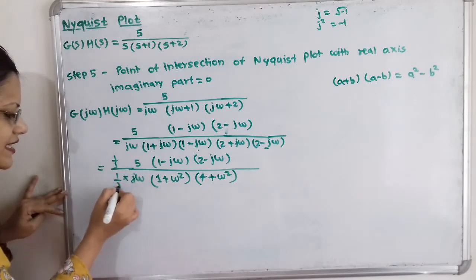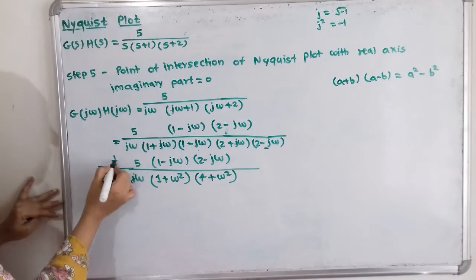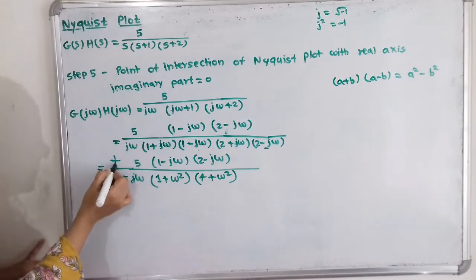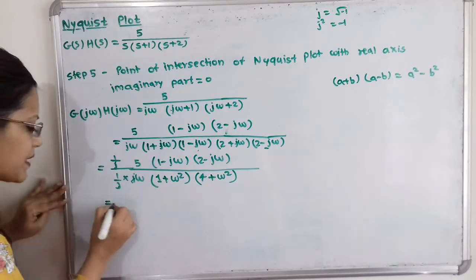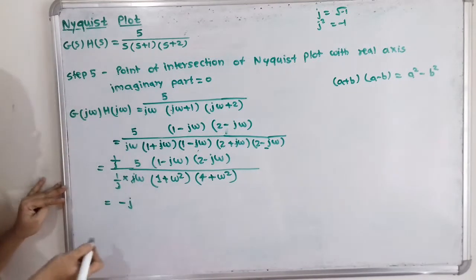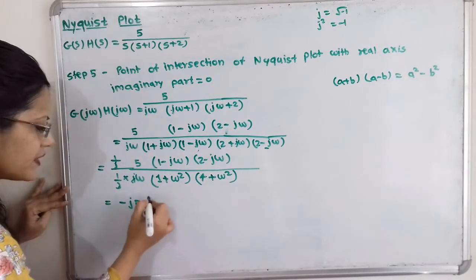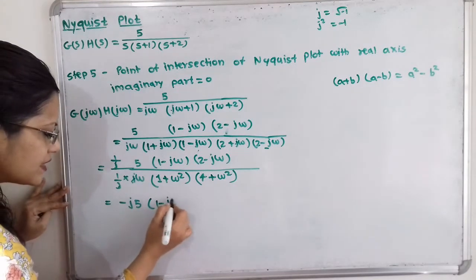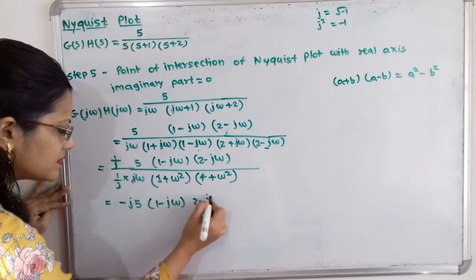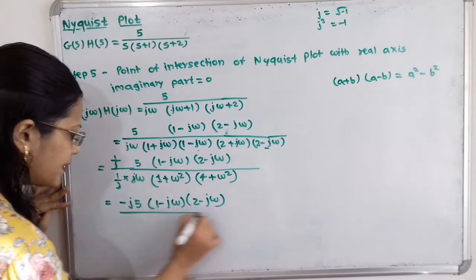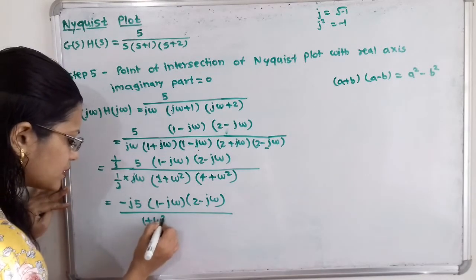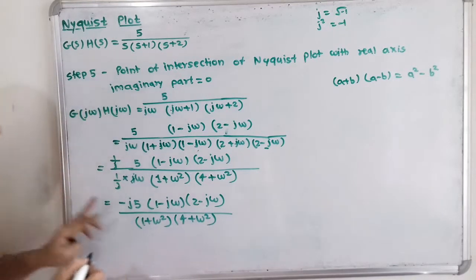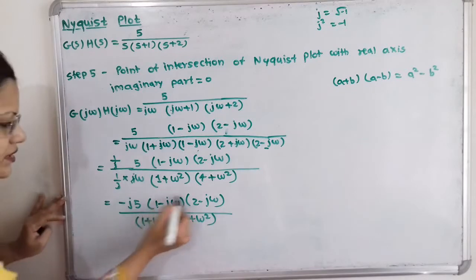Then this j in the denominator is getting cancelled, and this 1 by j, if I take this j in the numerator, will become minus j into 5 in the bracket, (1 minus j omega)(2 minus j omega), divided by 1 plus omega square, 4 plus omega square. Now I will multiply this inside.